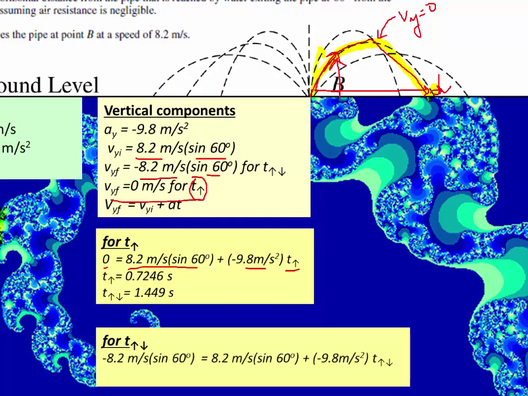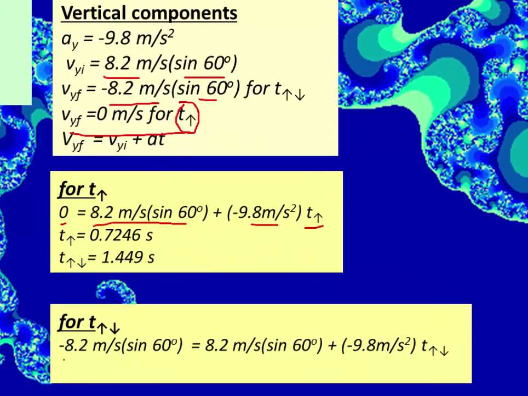In that case, the final velocity is negative 8.2 times the sine of 60, the same magnitude but a different direction, since it's going down now. The initial velocity is still 8.2 times the sine of 60, and acceleration is still negative 9.8 meters per second squared.